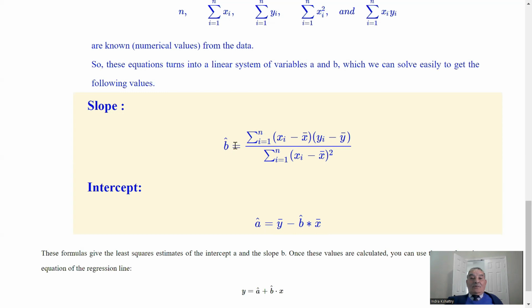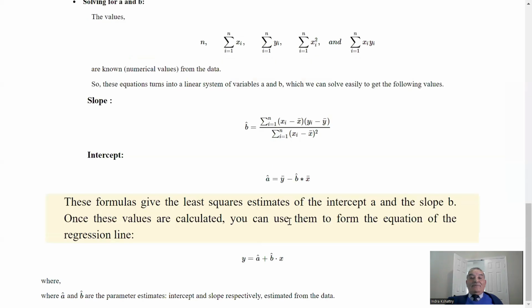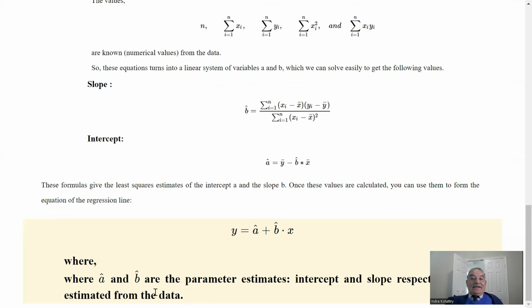The hat on the top of the letters B and A represents the estimated value. Once we get these values of A and B, the model is specified: Y equals A hat plus B hat times X, where A hat and B hat are the parameters, intercept and slope respectively, estimated from the data.